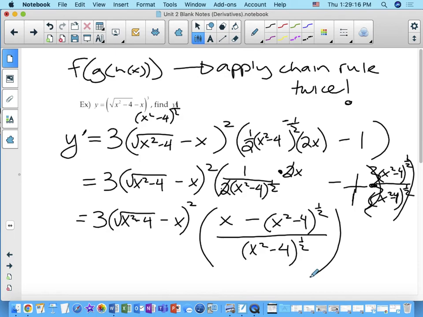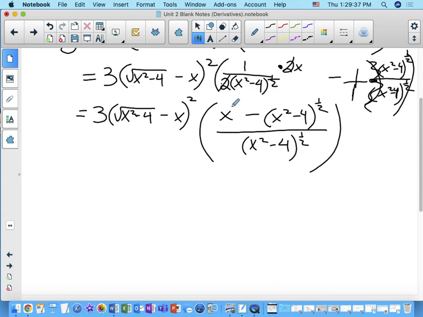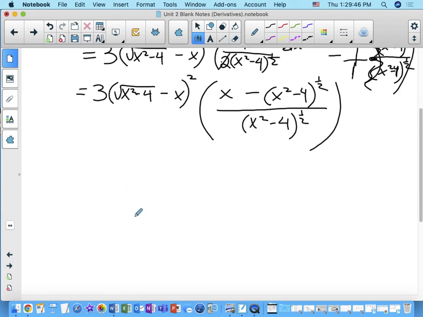Okay, and now what I'm going to do, oh, look at that. Isn't that a common factor? Those are the same factor, except the order of the terms is reversed there. Is it not? Look at this factor. It's x minus basically the square root of x squared minus 4. This is root x squared minus 4 minus x. That's interesting. Okay, so I can keep going here a little bit.